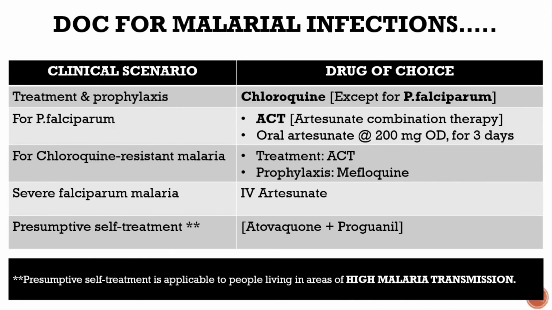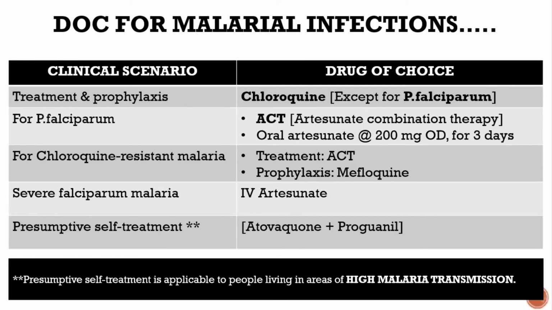And for presumptive self-treatment of malaria, a combination therapy is used, atovaquone plus proguanil. Presumptive self-treatment means, for example, you are living in a particular area where there is endemic or widespread malarial transmission. There obviously is a risk that you may get malaria, or maybe you have been bitten by a mosquito or something like that.